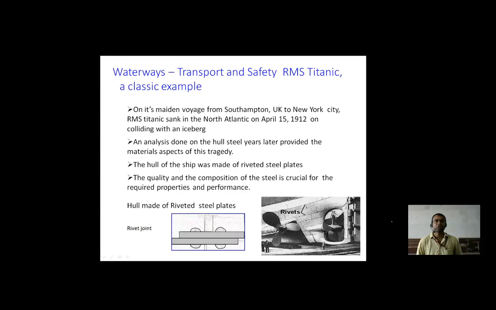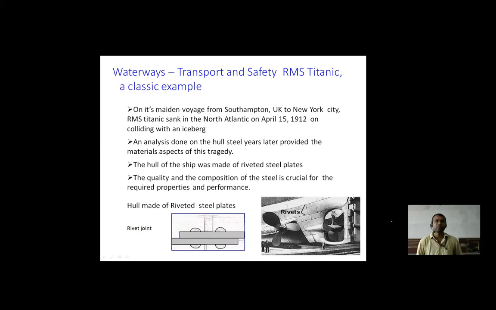As shown in this figure and in this slide, the Titanic, on its maiden voyage from Southampton, UK to New York City, RMS Titanic sank in the North Atlantic on April 15, 1912 on colliding with an iceberg. So the first journey of that historical Titanic ship ended on 15 April 1912 with the collision with an iceberg.